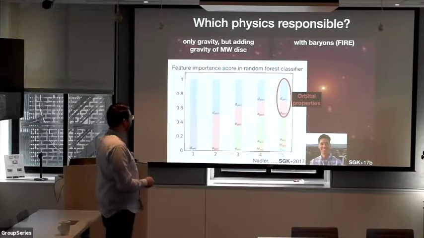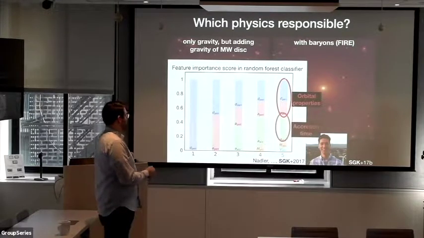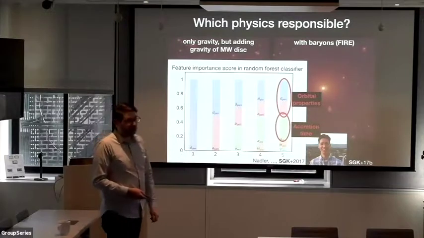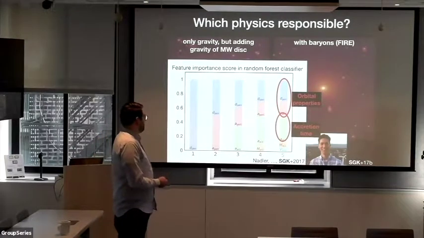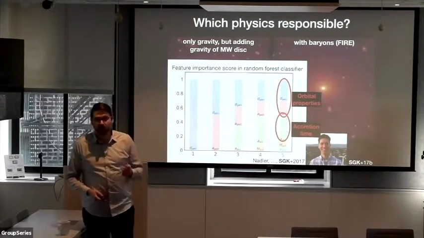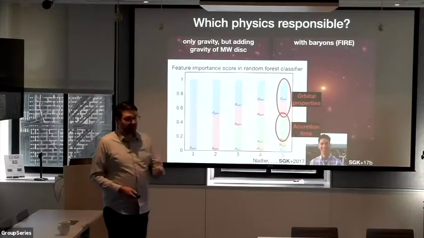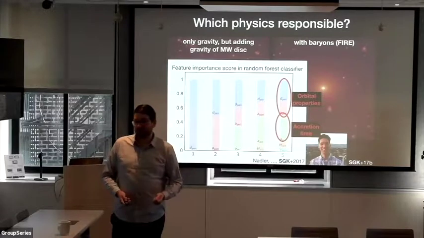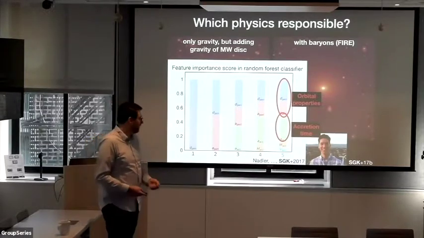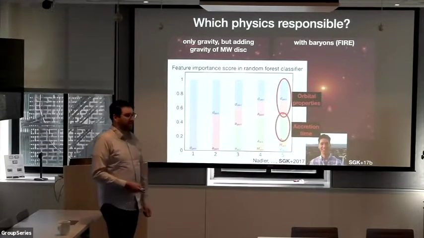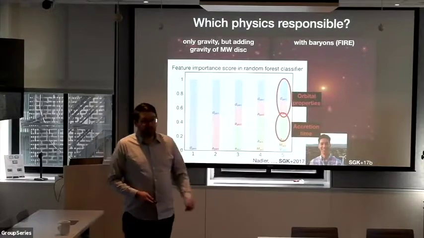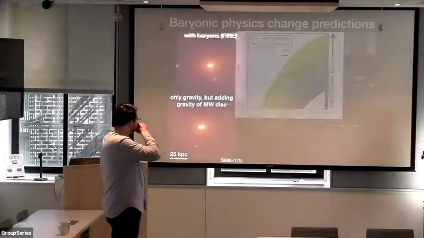And what I want to point out is that effectively the entire determination of whether a galaxy survives or not relies on its orbital properties, its pericentric distance and pericentric time, and its accretion time, when the subhalo fell into the potential of the Milky Way. In particular, the mass of the subhalo has a very small impact on this.